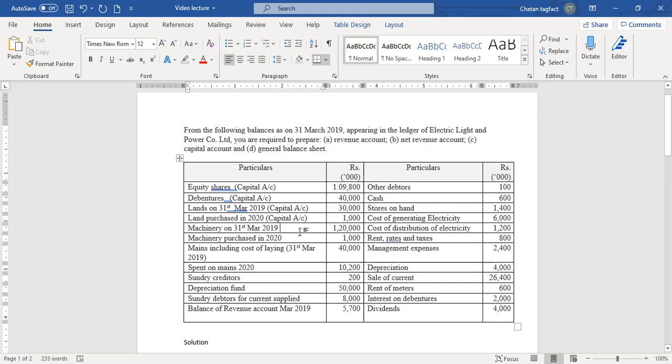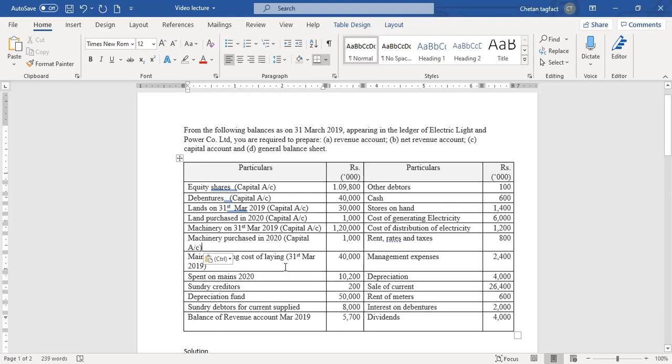Similarly, machinery is also a fixed asset which has been purchased in the last year, 31st March 2019. So it is shown in the capital account. Machinery purchased in 2020 is the purchase of machinery during the current year. Hence, it is taken in capital account as it is a long-term investment.